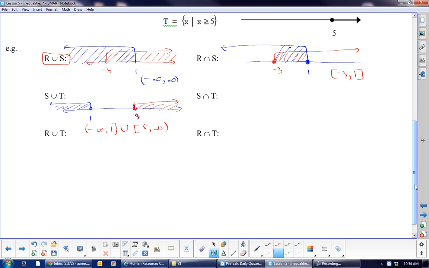Let's do S intersection T. Here's 1. Here's 5. Where's the intersection? Where's the "and"? There isn't one. So this would be our empty set.